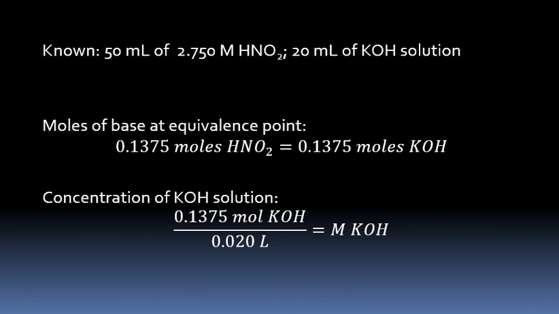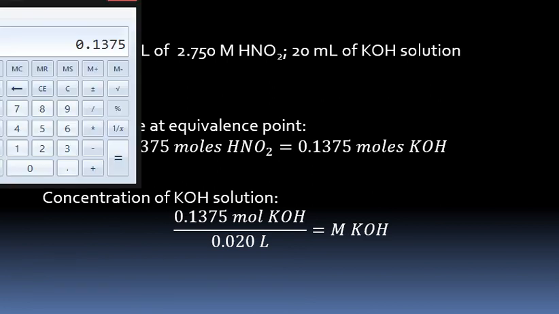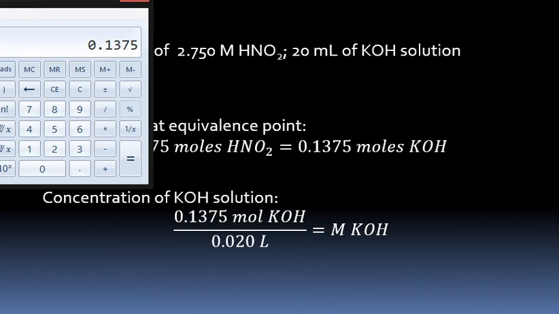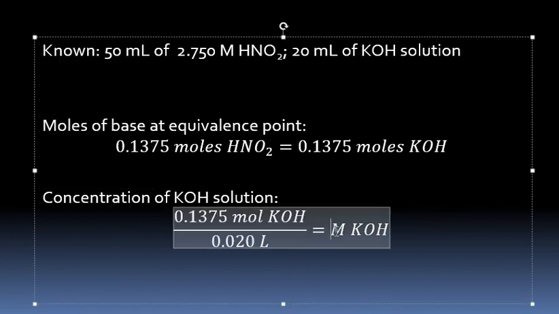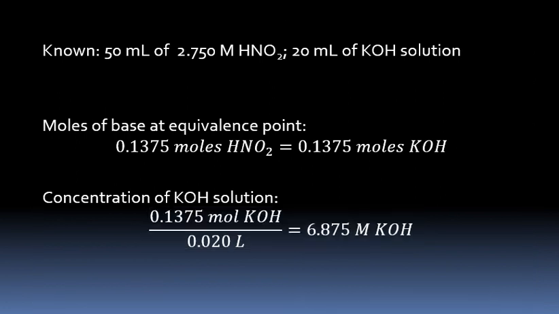So, to calculate the concentration for our base, to standardize our base, that is going to simply be the 0.1375 moles of KOH that was added divided by the volume it was in, or essentially those 20 milliliters, or 0.02 liters. And that's going to give us a concentration of 6.875 molar KOH. So that would be an example of standardizing a solution.